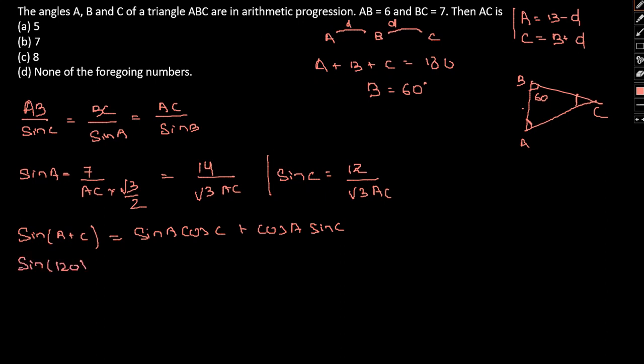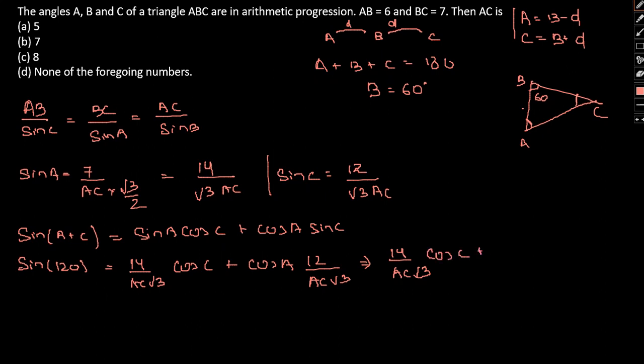So sin 120 will be equal to 14 by AC root 3 cos C plus 12 by AC root 3 cos A, equal to root 3 by 2. Okay, I hope this much is clear.